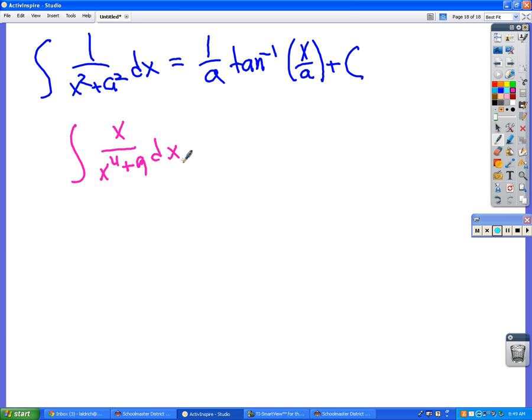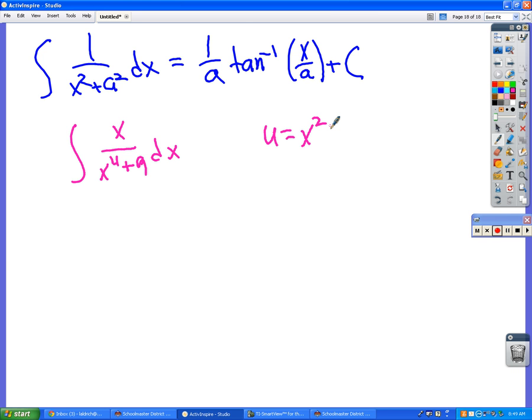Okay, so let's find the antiderivative of x over x to the fourth plus 9 dx. We're going to make a u substitution again. What's u going to be? x squared, very nice.